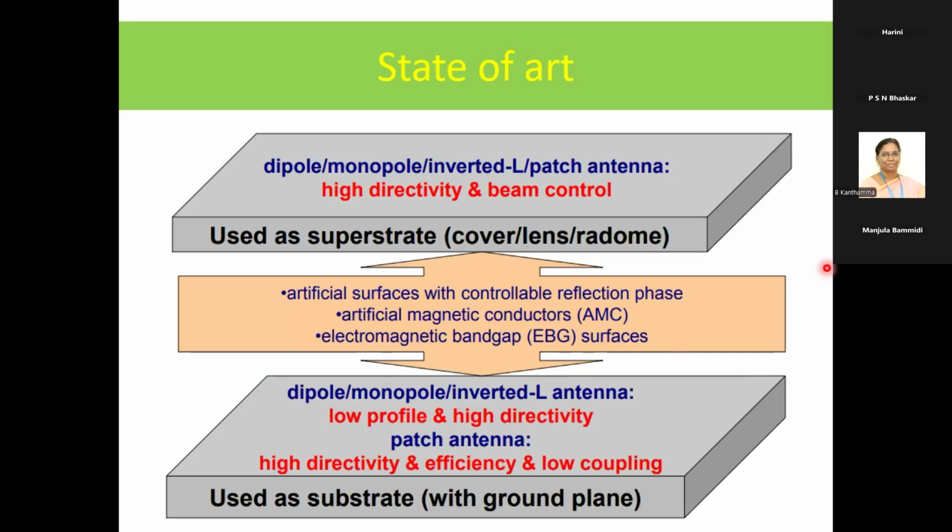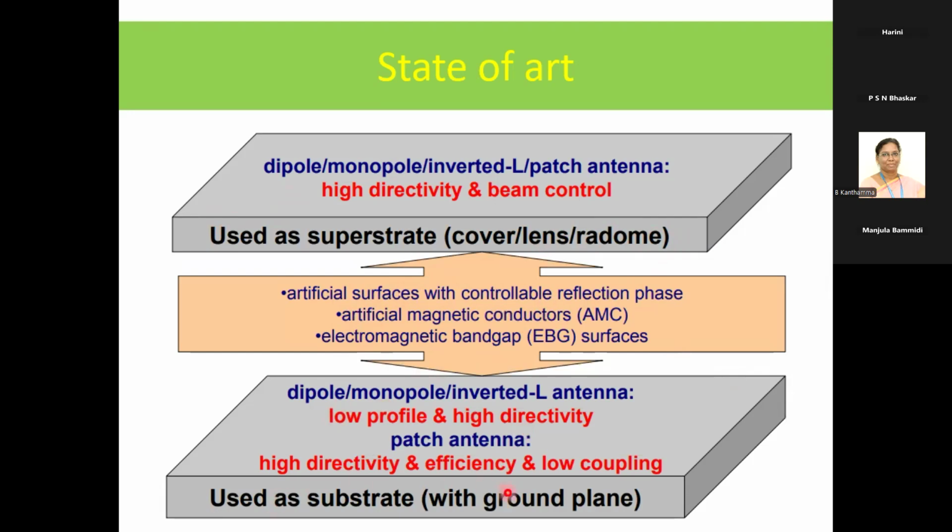Okay. Now, where can you use them? You can use them as a superstrate for covering lens and radome purposes. Because they are the superstrate, they can control the reflection phase. They can also be used as AMCs.